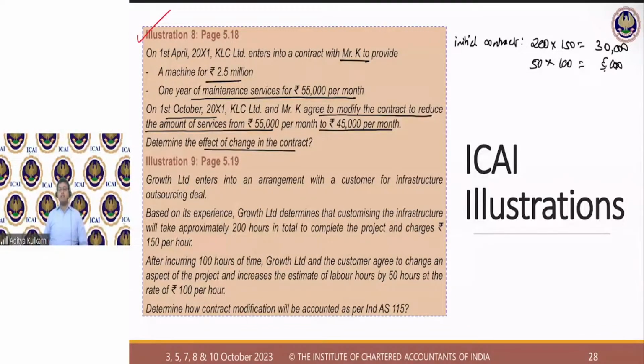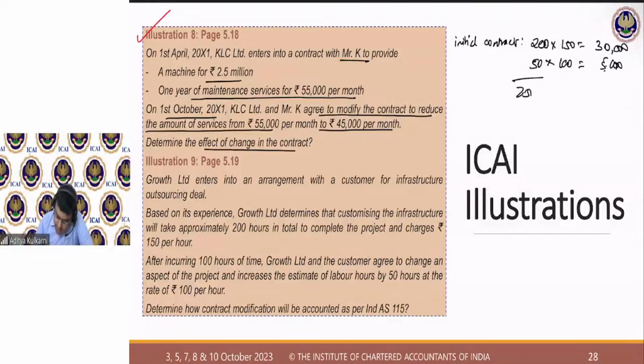So this is the fresh contract, the fresh computation based on the new requirements. Therefore, the position now is, initially I had billed 200 at 150, and now we are having 50 at rupees 100.